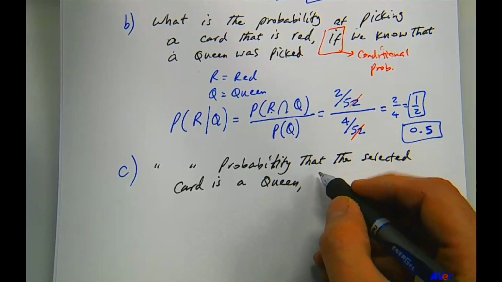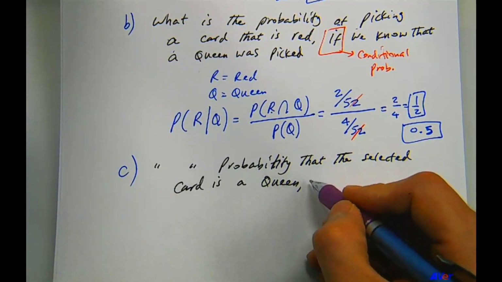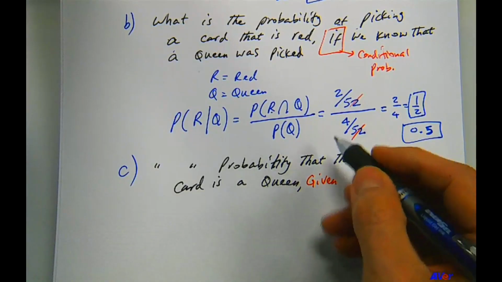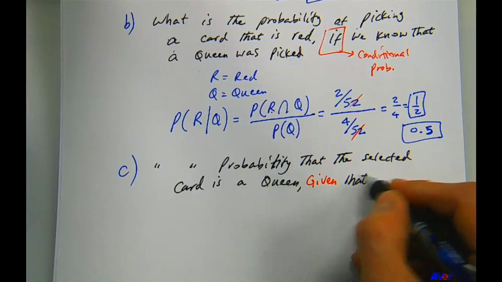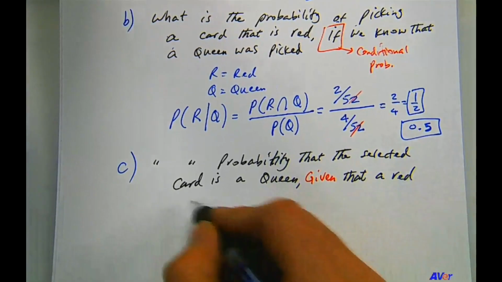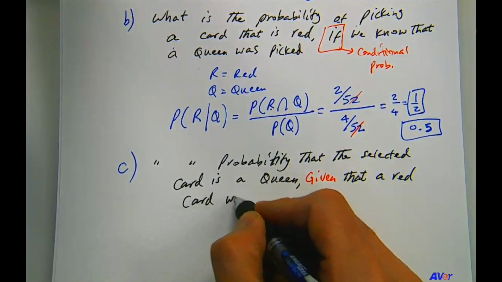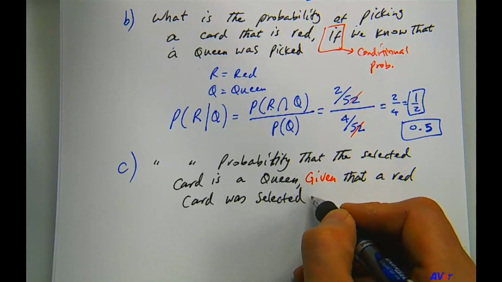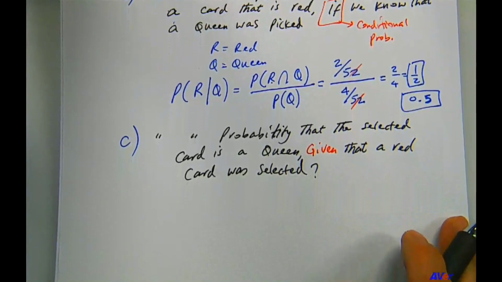This time let me use the other word that is a clue for conditional probability, given that a red card was selected. Okay, so we're looking for that probability.